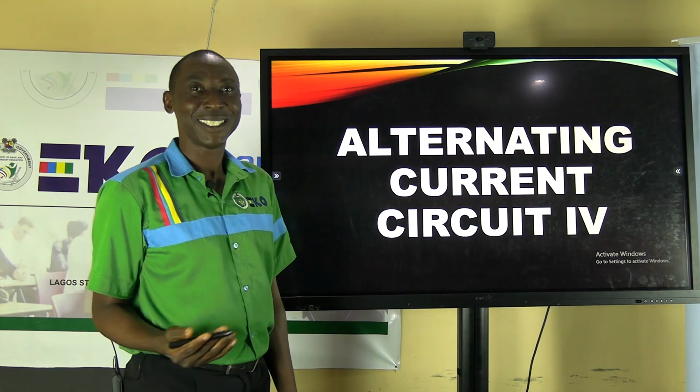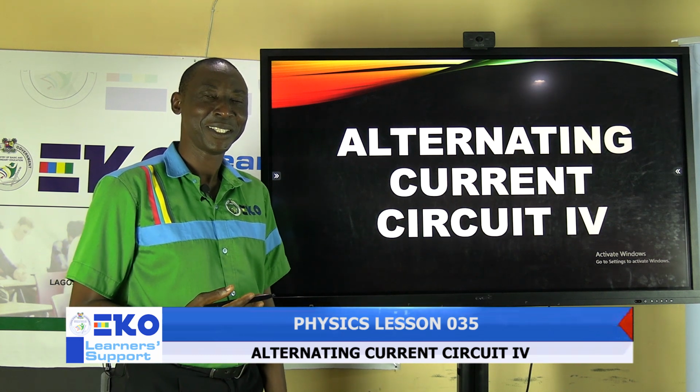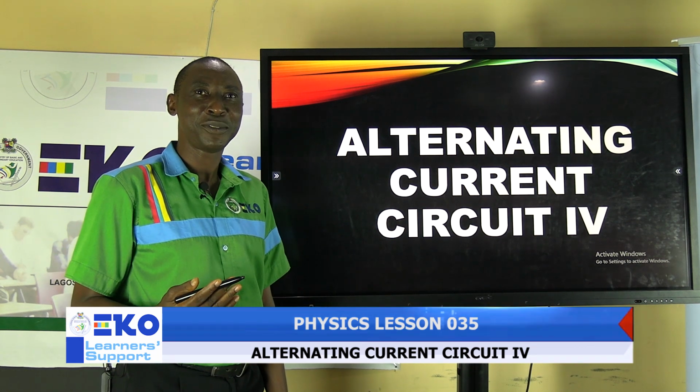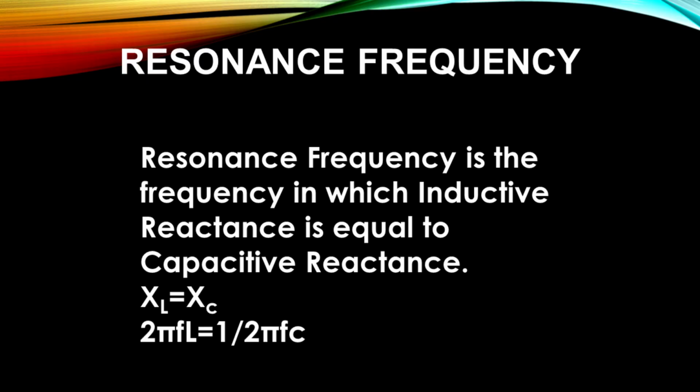Alternating current. At the end of today's lesson, the objectives you are expected to be able to achieve are: explain resonating frequency or resonance frequency.